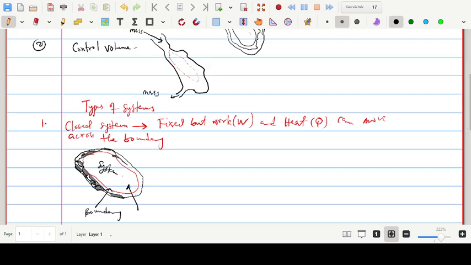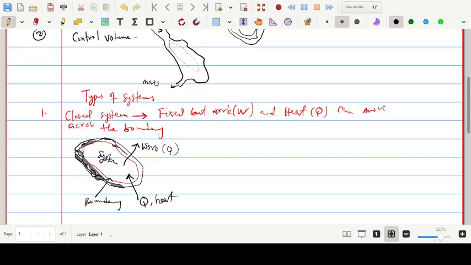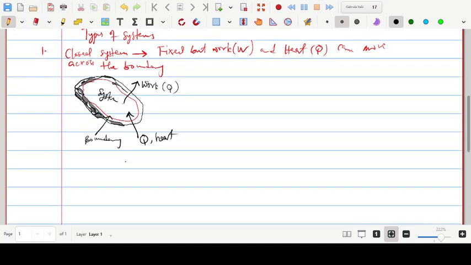Heat enters, Q, which is heat. Then work comes out. For a closed system, there is no mass transfer, but work and heat can move across the boundary.